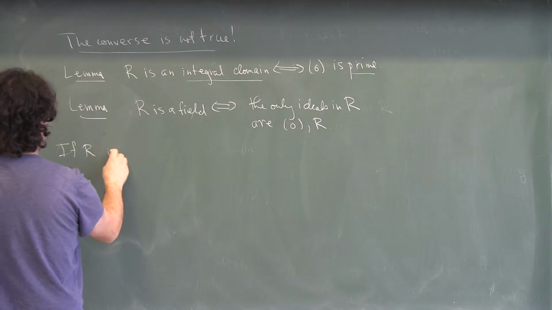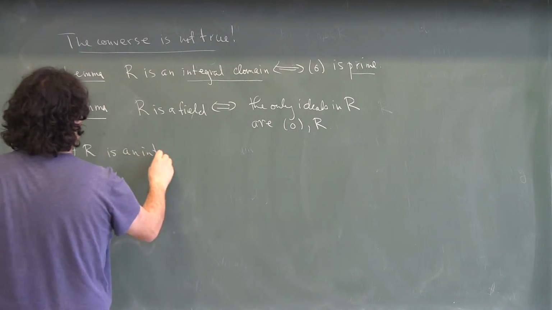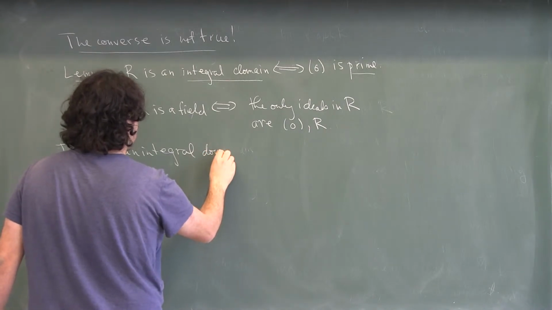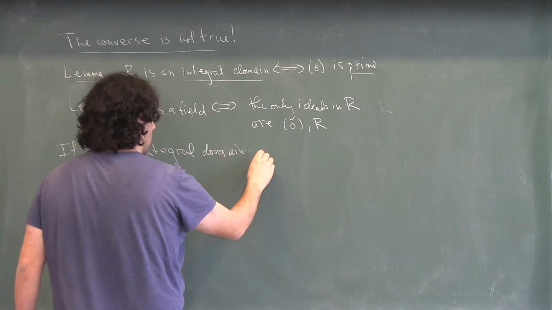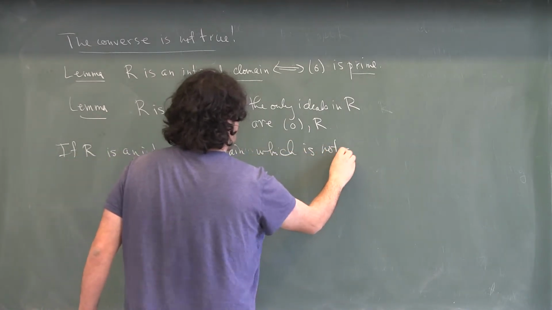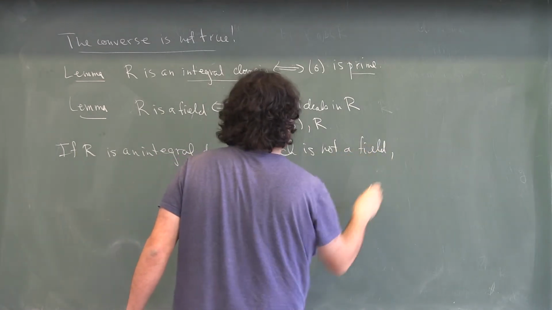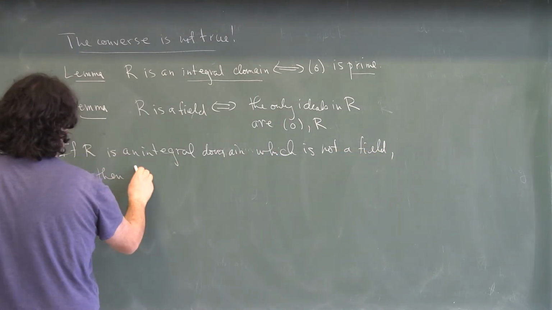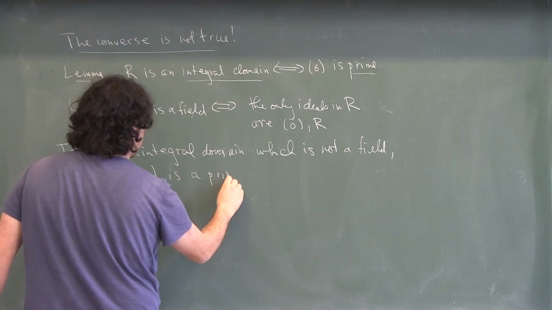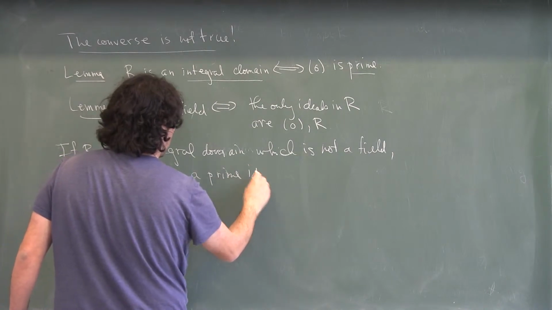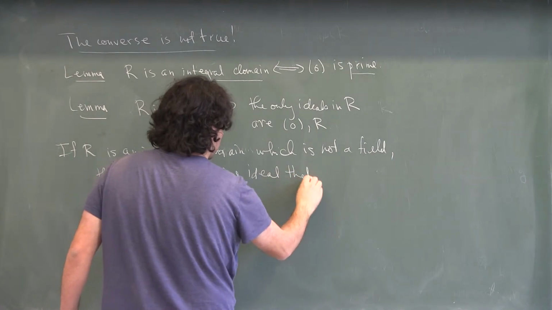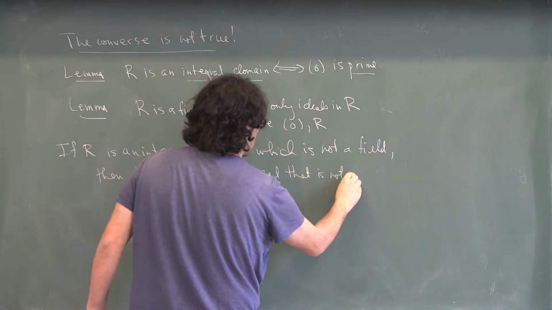So if R is an integral domain which is not a field, then 0 is a prime ideal that is not maximal.